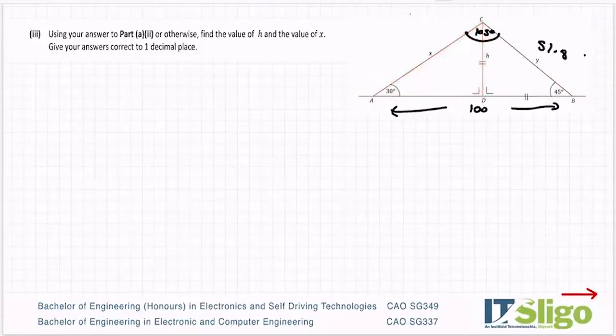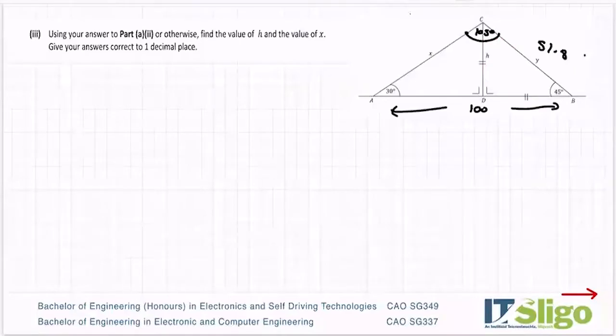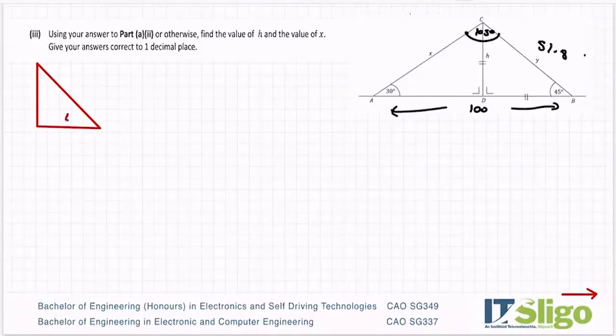But I have more information about this side in that I already know that side y. So what I always do is redraw the triangle just that I need, okay? So into that, I put the 45 degrees that I have here. And I know this is 51.8, and I know this is h, okay?